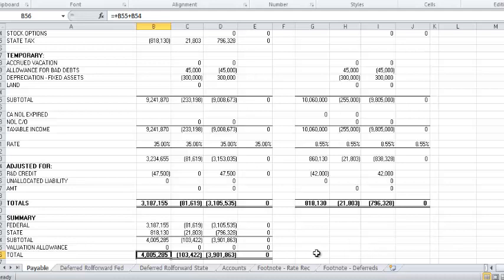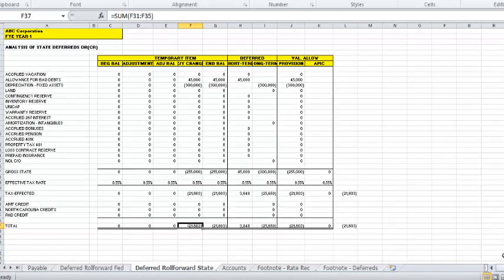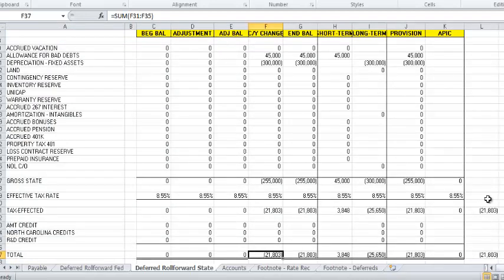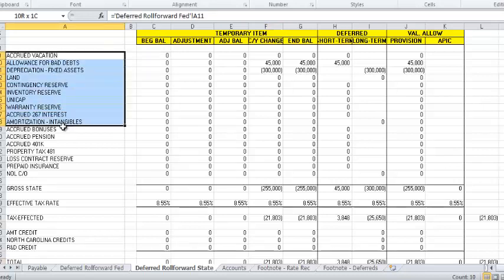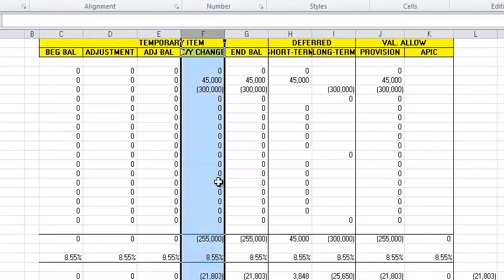Okay. So now, if we went to our deferred tab, I'm going to go to the state deferred tab first. Okay, I'm going to blow that up a little bigger. So all this schedule does is it takes my deferreds, and you've seen me do this by hand a little bit in some of our earlier problems, but it takes my deferreds one by one, and it takes the balance that I had last year, it changes it for the activity I had this year, and it gets me to my ending balance.